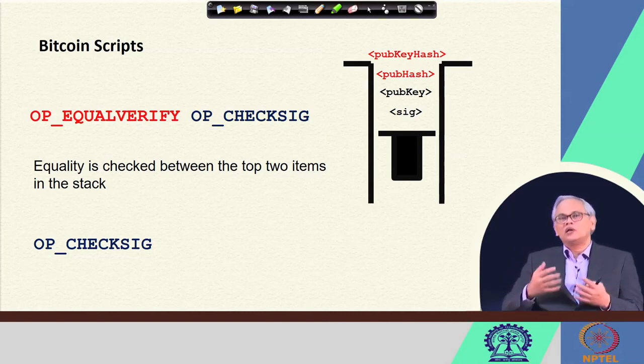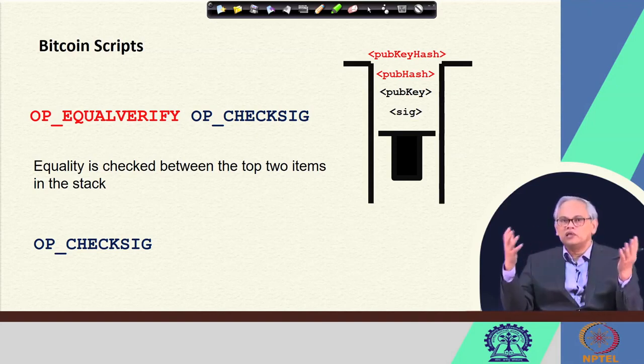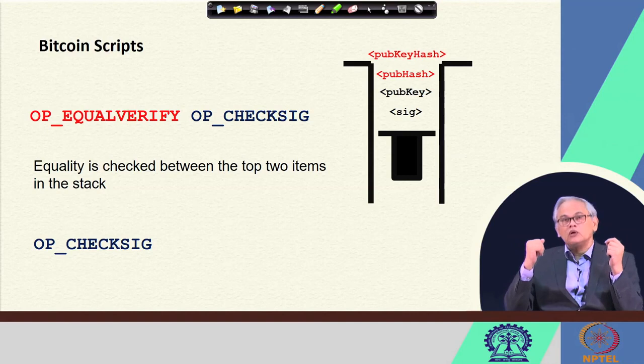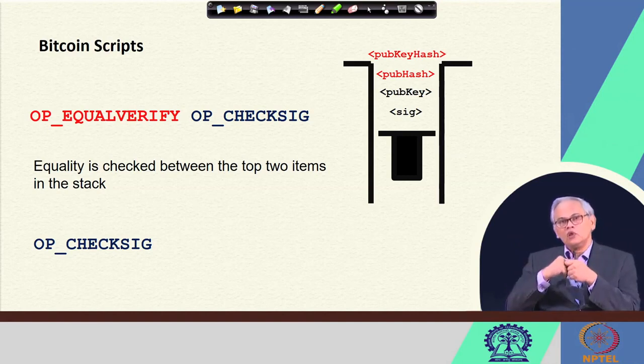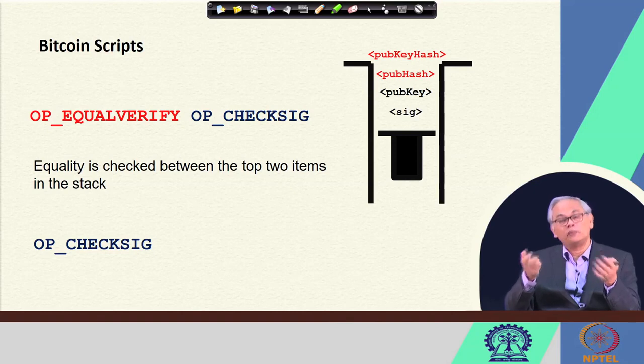Now, you might wonder what is all this going on, so that the checking actually happens. Understand what Bob did. Bob had pushed the SIG and his pub key. That pub key was duplicated, and from that the hash was generated, which is this pub hash that you see in this slide. And what was that pub key hash? The pub key hash was the one that was included in the script pub key by Alice. And how did she get it?